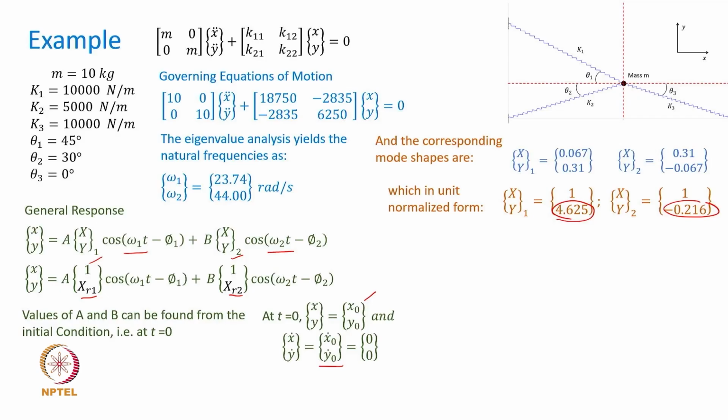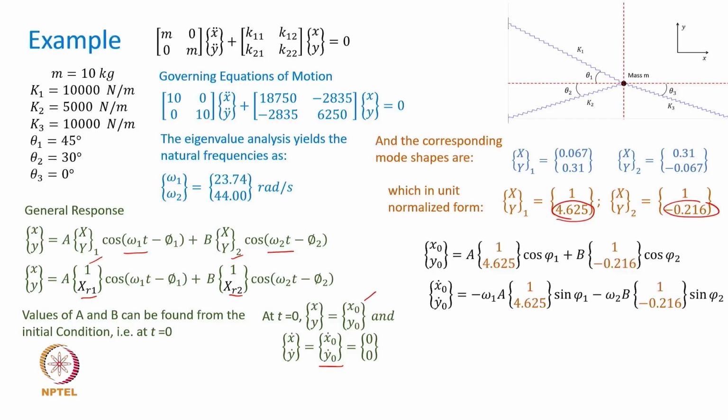So this is an assumption that the initial velocities are 0, and we simply release it from a certain specific xy position. If you use these expressions for initial conditions, you can write this equation in this form: at t equal to 0, omega 1 t and omega 2 t will become 0, and then you are left with cos phi 1 and cos phi 2 terms with the mode shapes replaced by the actual numeric values.